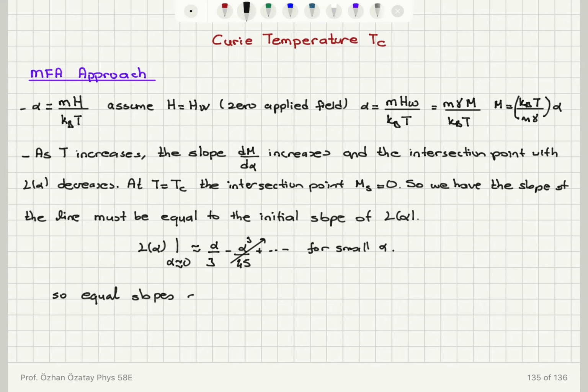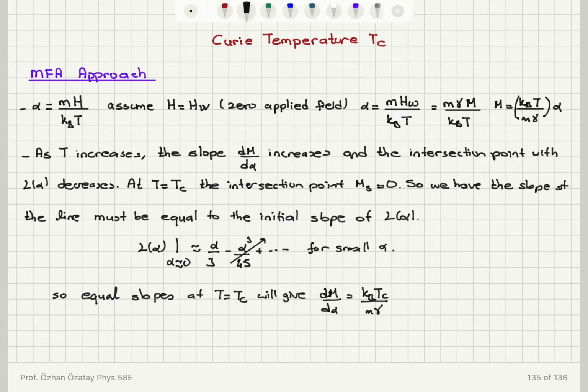So what I would like to do is to have the same slopes at T equal to Tc. For dM d alpha, it is kBTc divided by m times gamma.